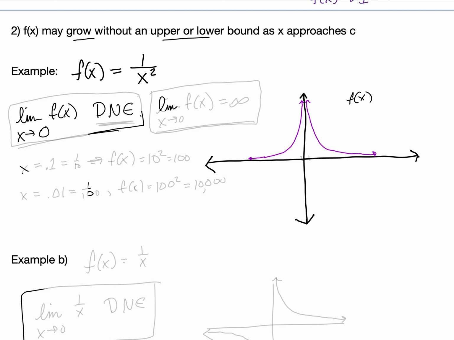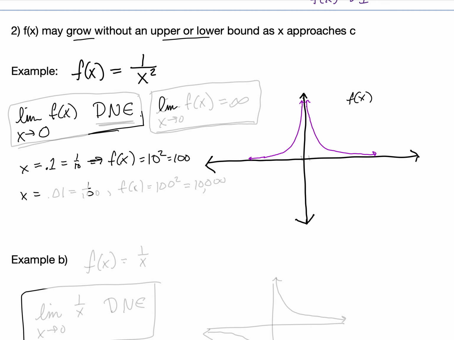So for example, when x is 0.1 or 1/10, f of x is 1 over 1/10 squared, or 10 squared, which is 100.